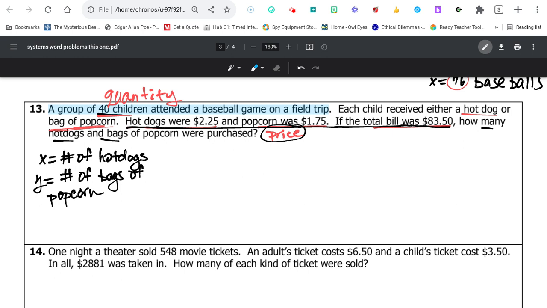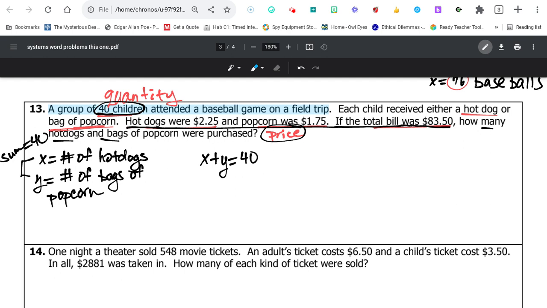Well, if 40 children attended, that means that altogether these two had to sum up to 40, okay? Because 40 people ate. So out of the 40 people, some of them got hot dogs and some of them got popcorn. So I know that X plus Y had to be 40.